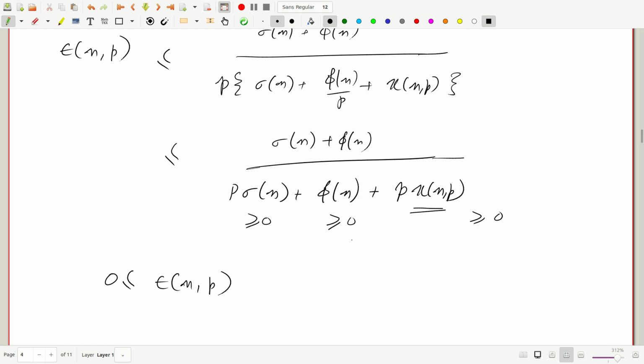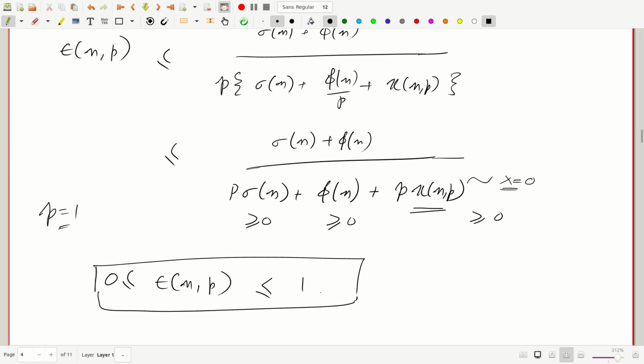Or essentially we can talk about p equals 1. If you have a single process, there is no communication overhead, so this is equal to 0, and with p equals 1 this becomes (sigma n plus phi n) by (sigma n plus phi n), so this is 1. So the maximum possible efficiency you can get is basically 1. So efficiency would range from 0 to 1.